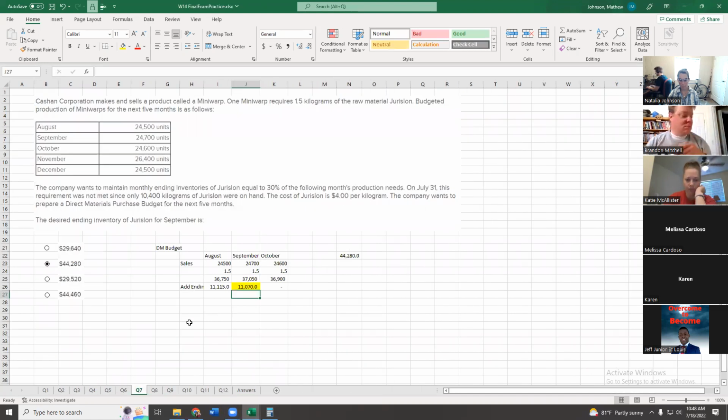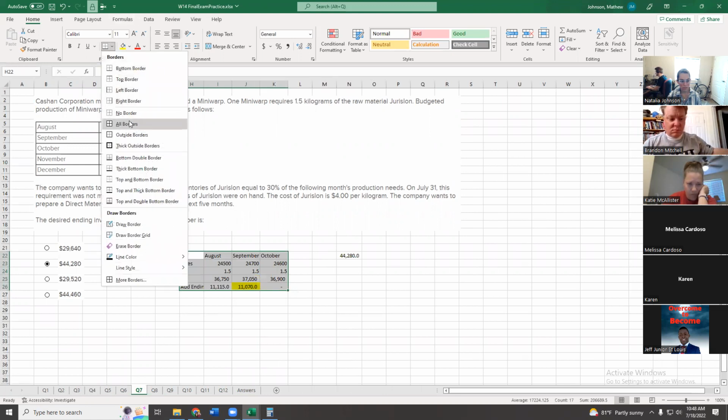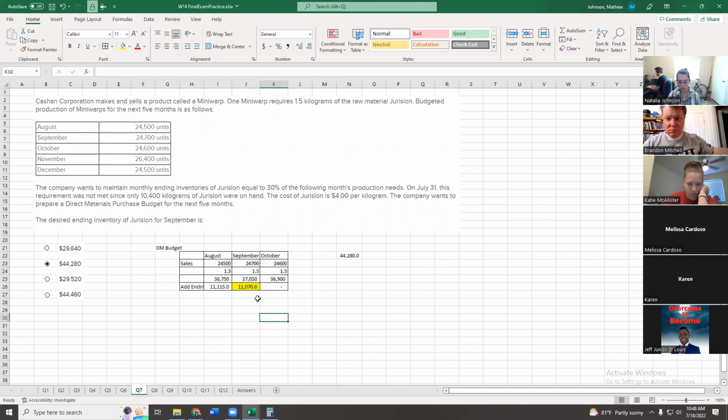So how did you get the 44,000? Okay, so this is the partial budget. For the ending inventory, which is the next month, October, times the 30%.